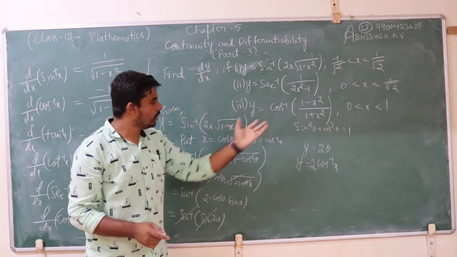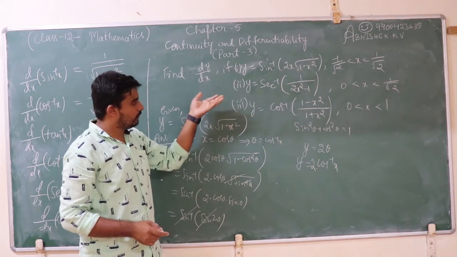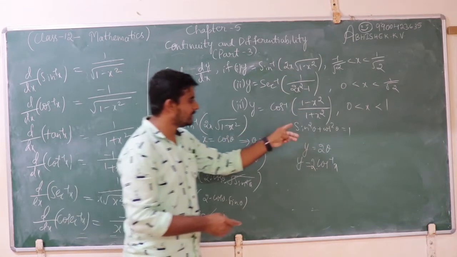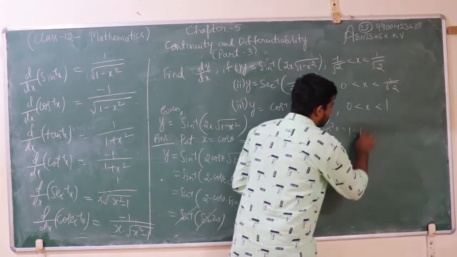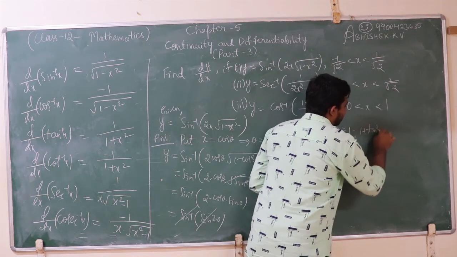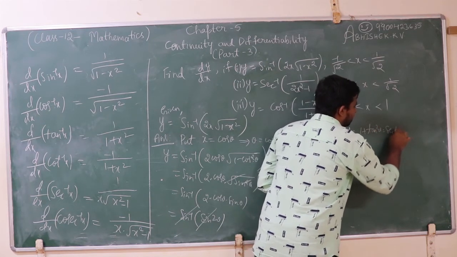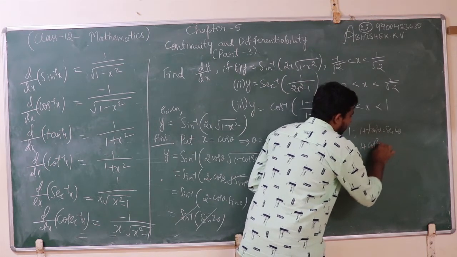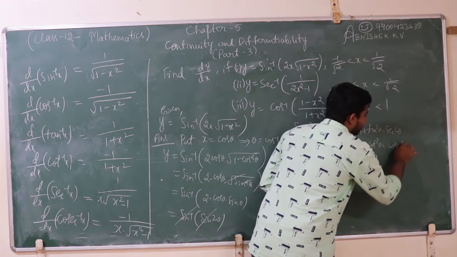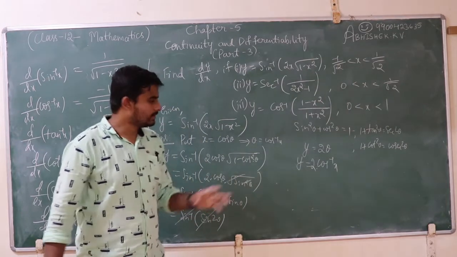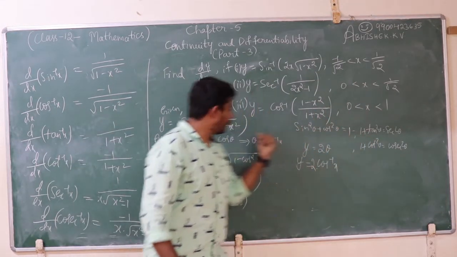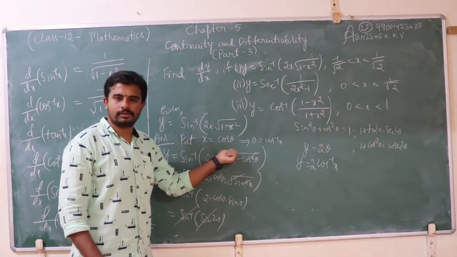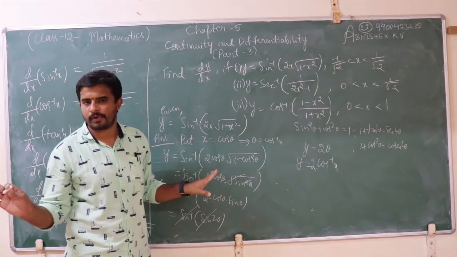I already told you, while solving this kind of problem we are going to use the first three identities: sin square theta plus cos square theta is equal to 1, 1 plus tan square theta is equal to secant square theta, and the third one is 1 plus cot square theta is equal to cosecant square theta. Out of these, for this we need to use the first. Either you take x is equal to cos theta or x is equal to sin theta, no problem.